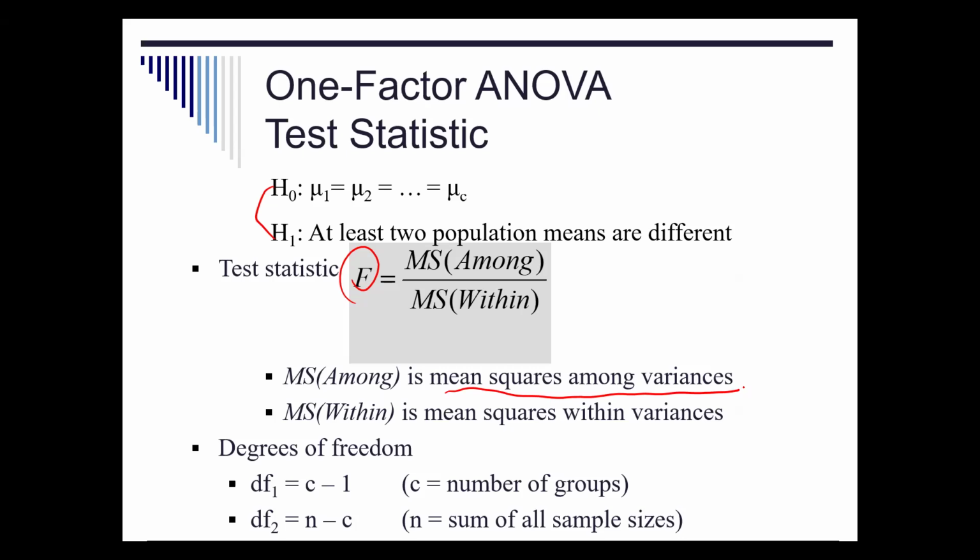The mean square within is within the entire sample, that's why it involves the sample size. Degree of freedom 2 is the sample size minus the number of categories. Degree of freedom 1 is associated with the mean square among: the number of groups minus 1.